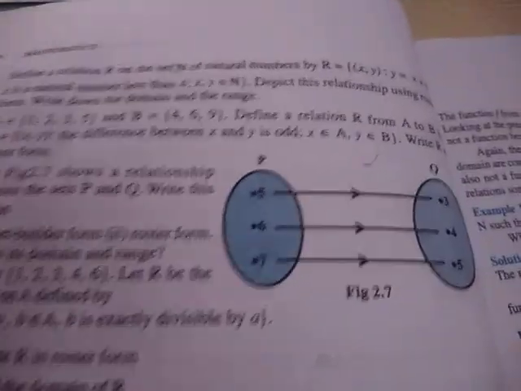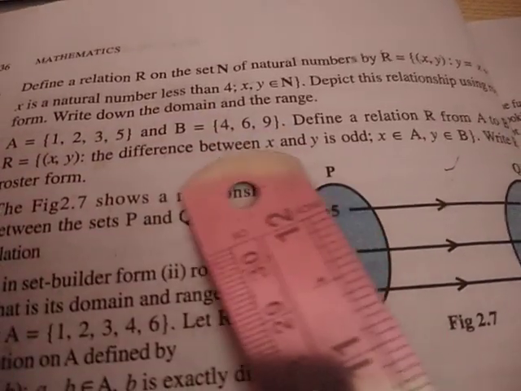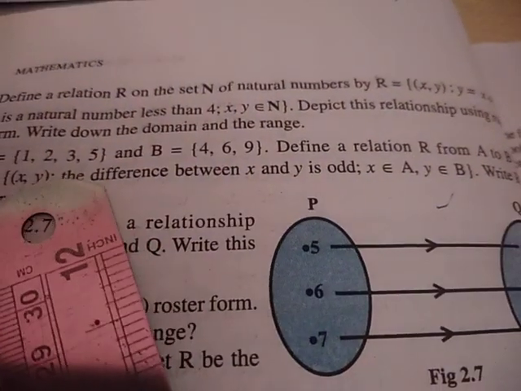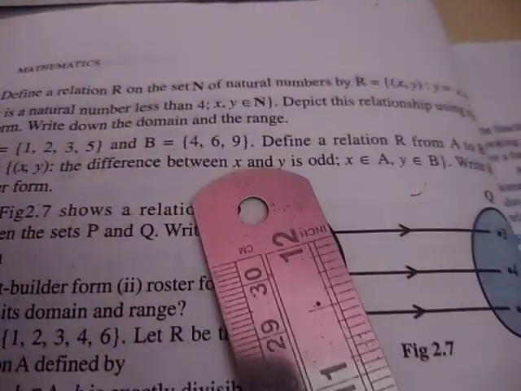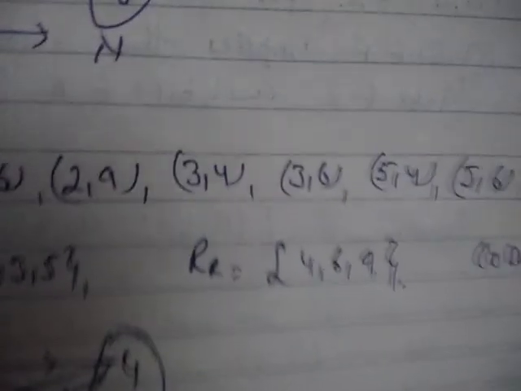We need to take the difference between x and y. X is definitely 1. 1 minus 4, is it odd? Yes. I have written here (1, 4). Then (1, 6) and (1, 9). (1, 9) is not valid because the difference is 8, which is an even number. So (1, 4), (1, 6) are valid here.